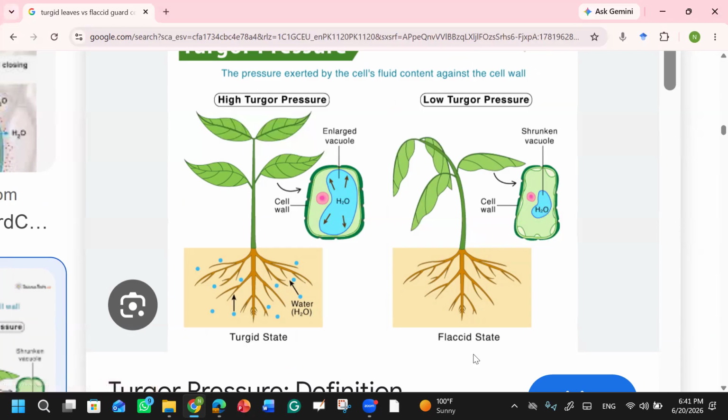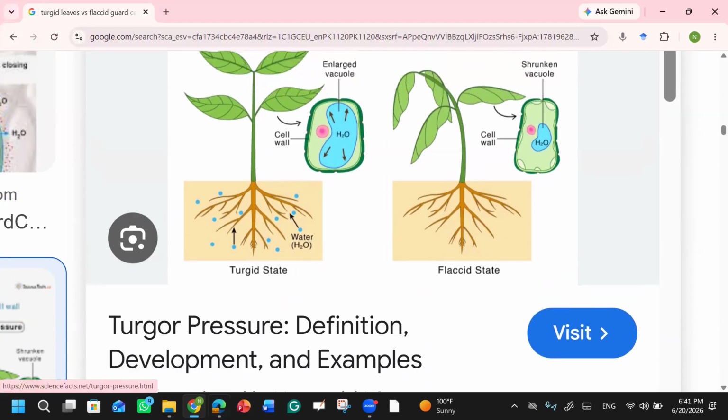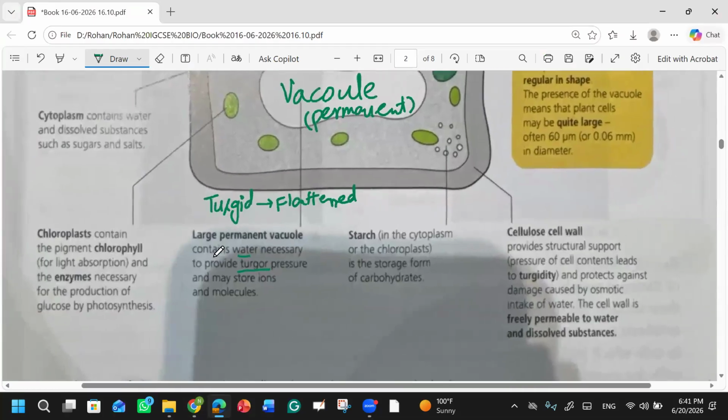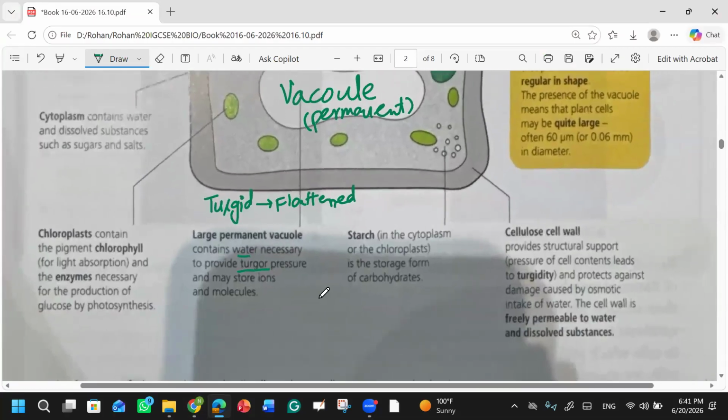Clear? They have mentioned here that there is a large permanent vacuole that contains water necessary to provide turgor pressure. The more water there is, the more turgidity there will be, and the more erect the leaves will be. And what happens when there is less water?